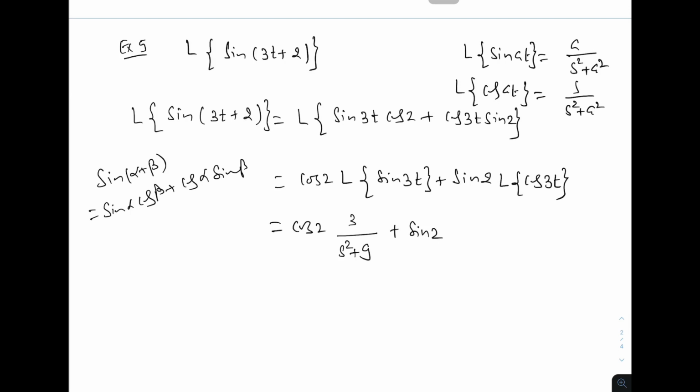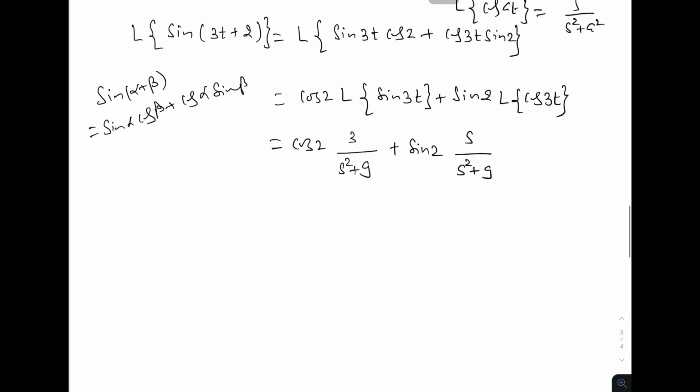So, this is s over s square plus 9, and we can now just simplify because the denominator is the same. So, this is (3 cosine 2 plus s sin 2) into 1 over s square plus 9. So, that is the answer.